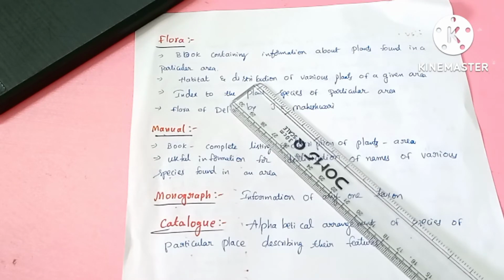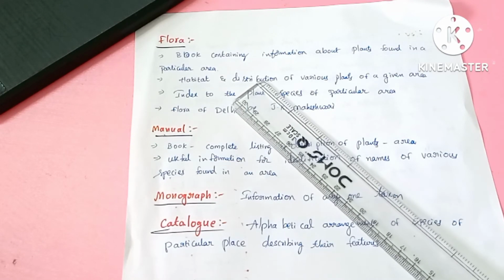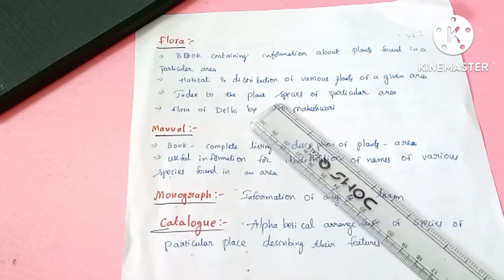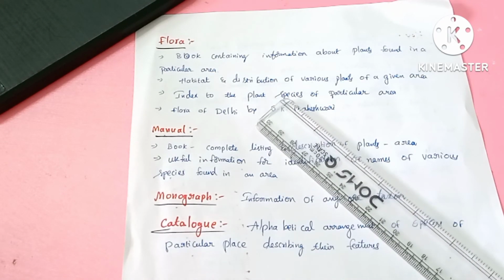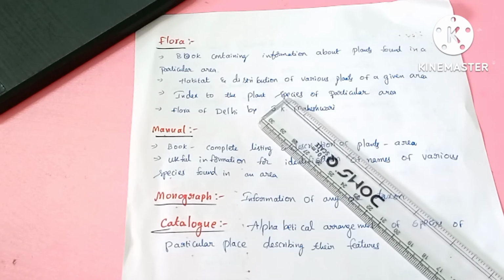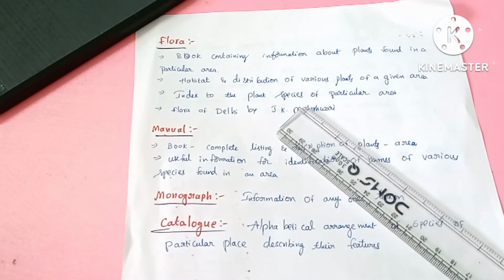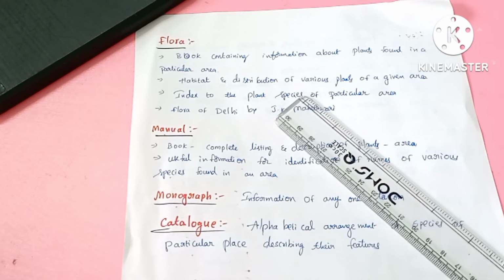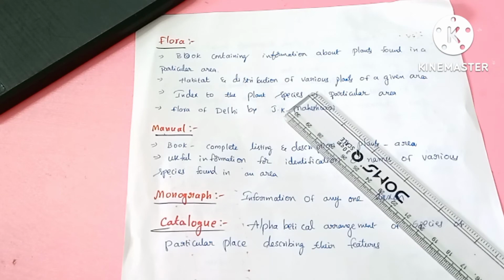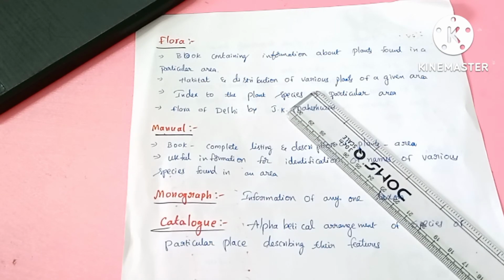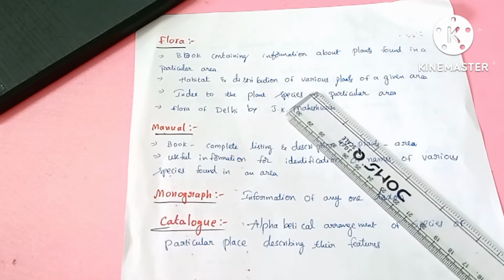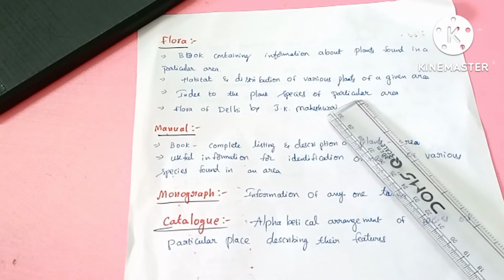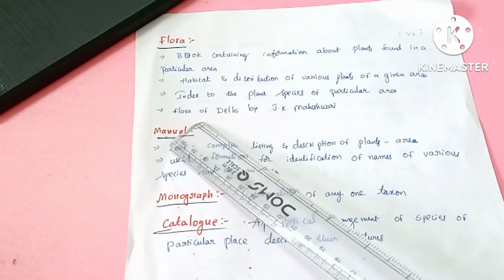Flora is a book that contains information about the plants present in a particular area, their habitats and distribution. It provides an index to the plant species found in a particular area. An example for this flora is Flora of Delhi.